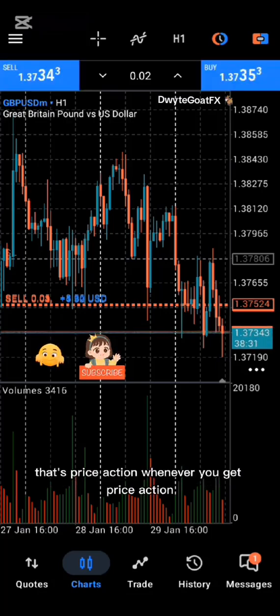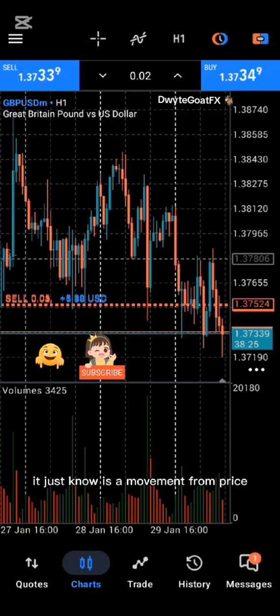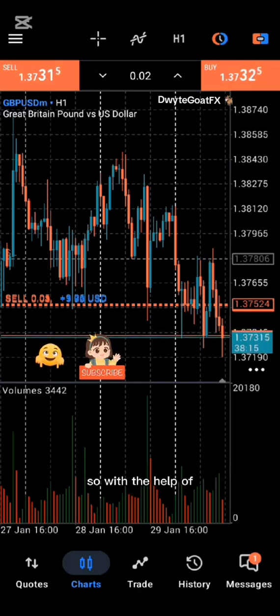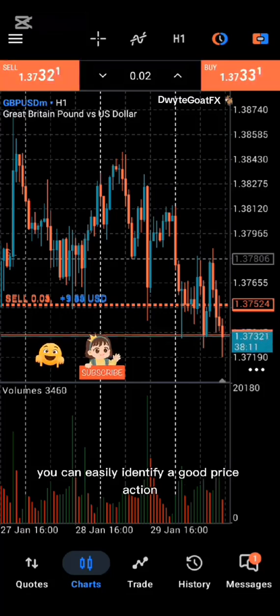Whenever you hear price action, you don't have to think about something crazy or overthink. You just know it's a movement of price from a lower point in time to a higher point in time. So with the help of the volume bar, you can easily identify a good price action.